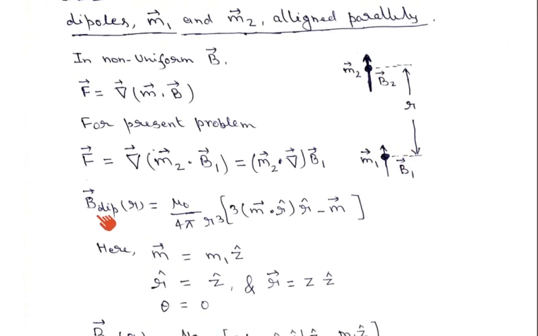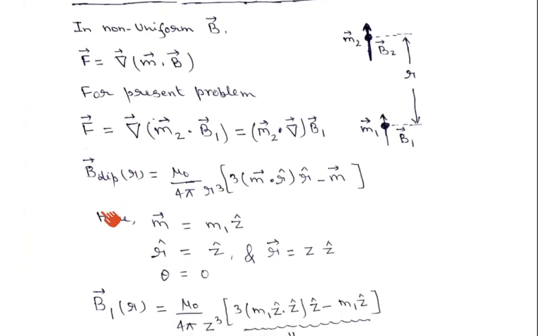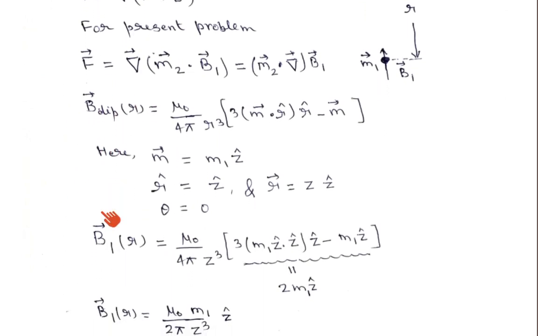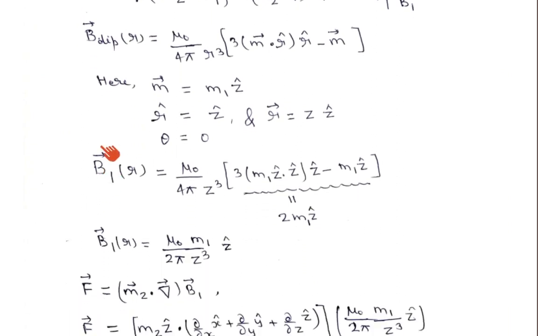Now if you calculate the magnetic field due to the dipole and substitute all these values, what we will get is B1 at r equal to mu 0 upon 4 pi. In place of r cube I have substituted z cube, and in place of m I have substituted m1 z unit vector.